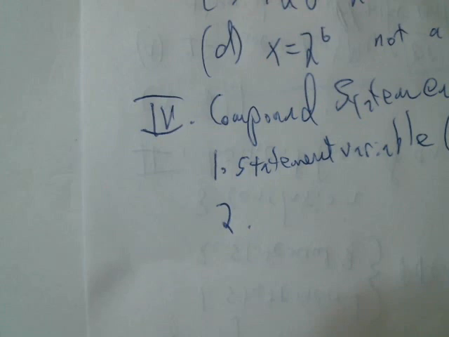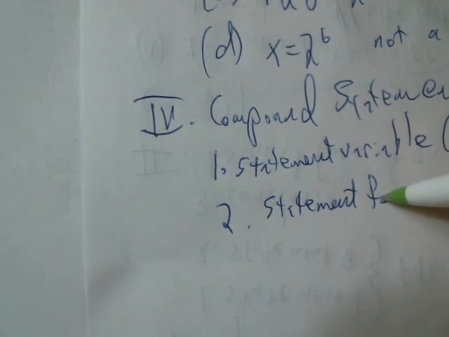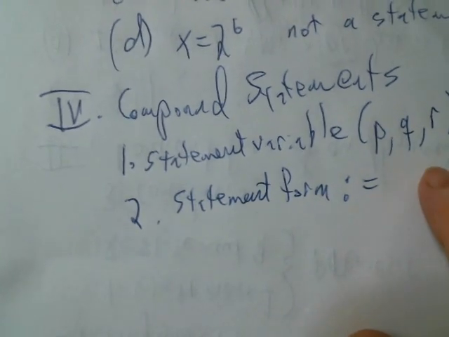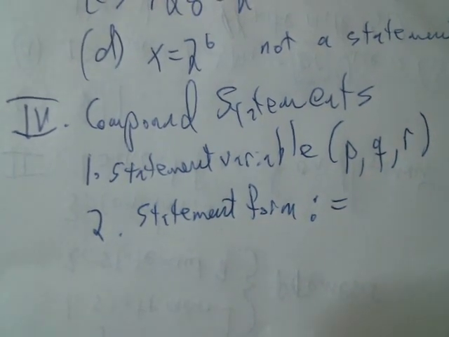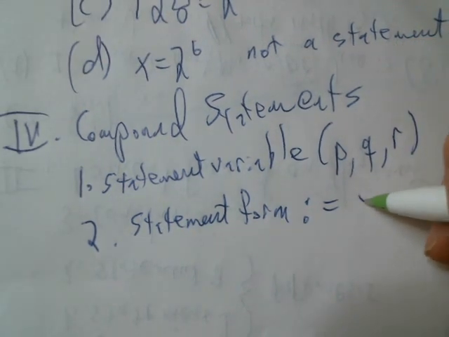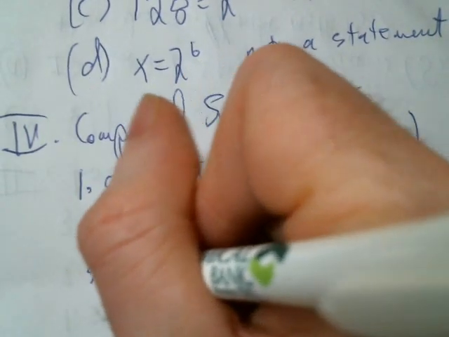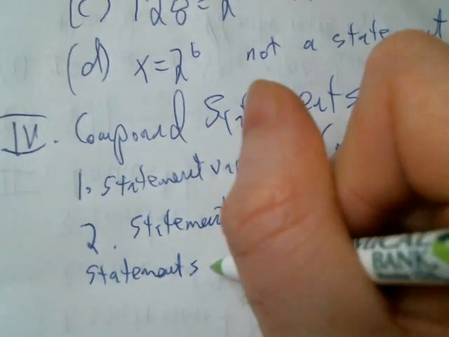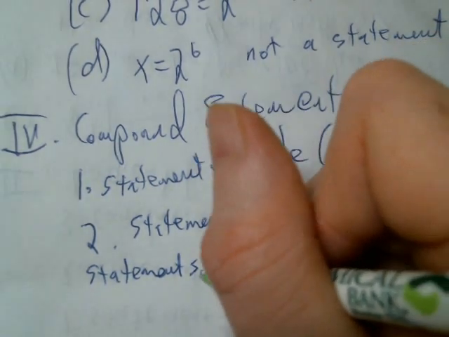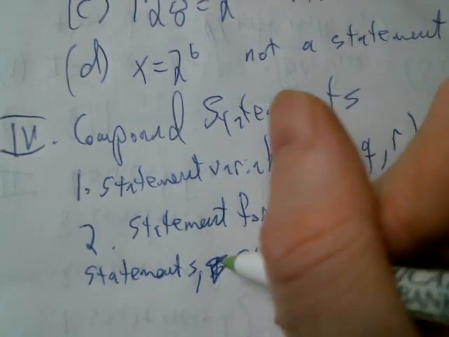Then statement form is, so I guess you could think of this as a more generalized version of a compound statement. It's a bag of expressions and statements and logical connectors, okay? So it's an expression of statements, variables, statement variables, or you're just going to have statement variables instead of the statement.